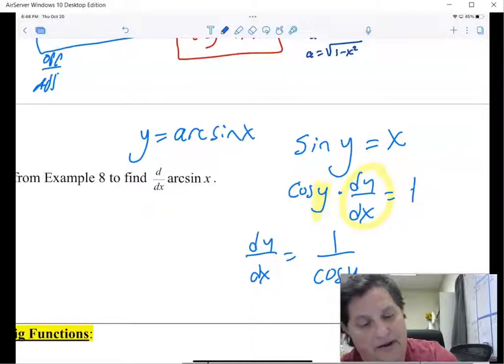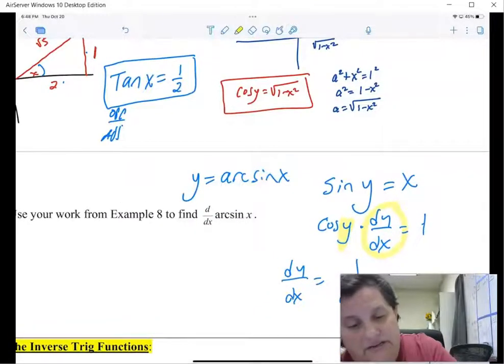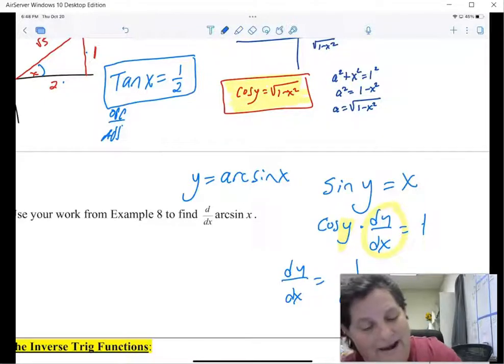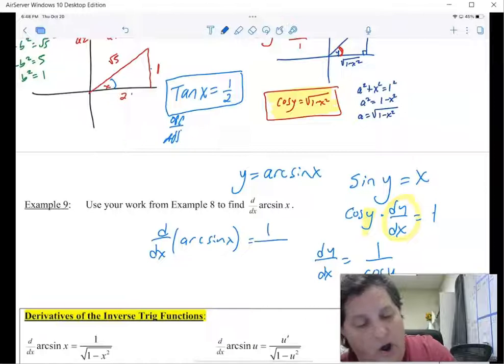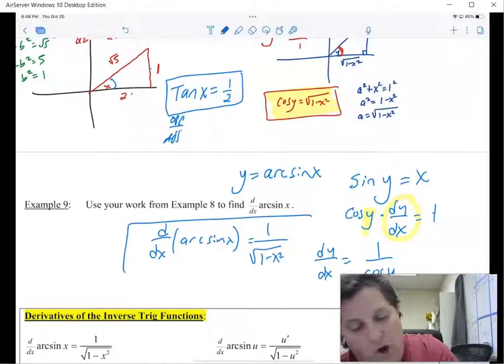But hang on. Do you see what cosine y is in terms of x? So can I say that the derivative of arcsine is 1 over the square root of 1 minus x squared? Boom!